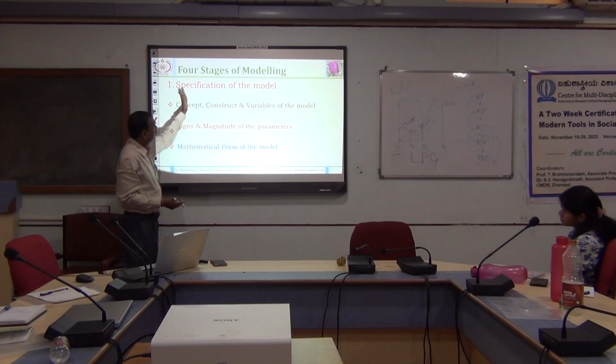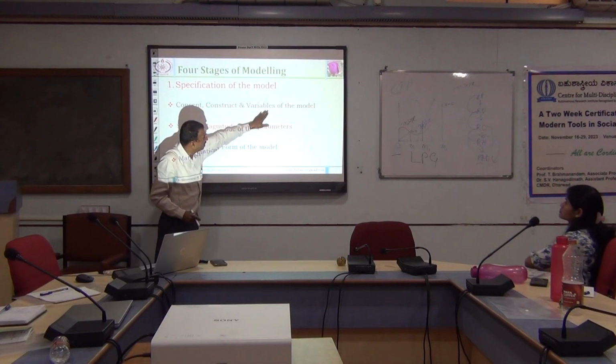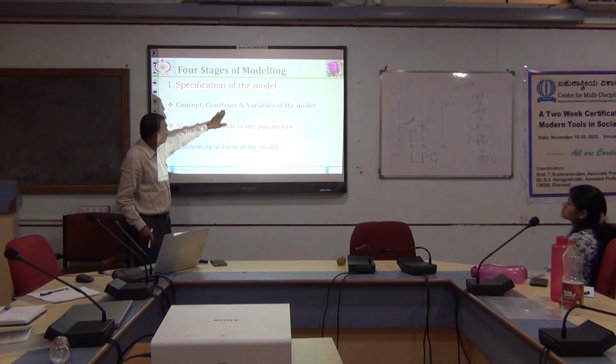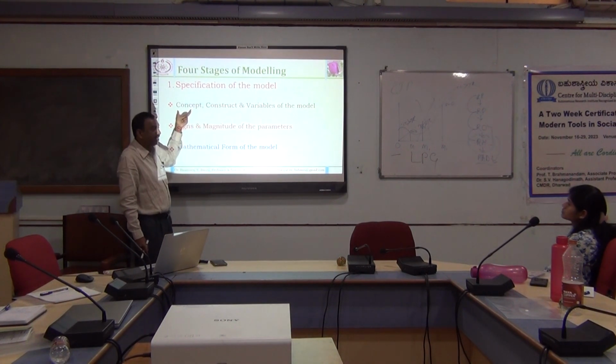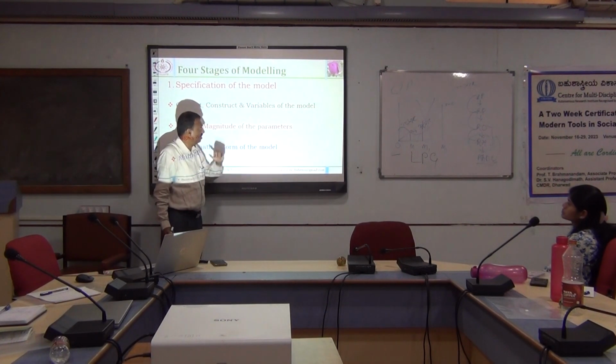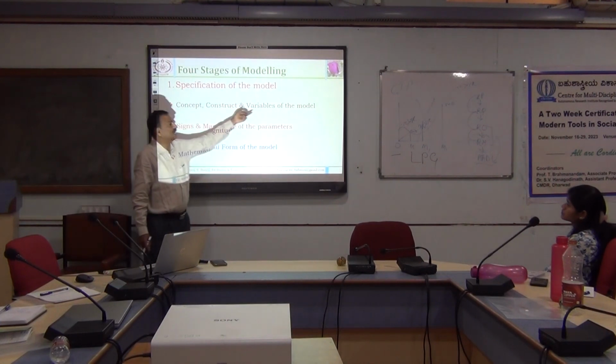So therefore, testing a hypothesis is a backward linkage. We need variables for testing the model. Variables we get with the construct and the concept. So I need to understand what the concept is and what the construct is to know more about variables. I should also know how the signs and magnitudes are associated with the variables.